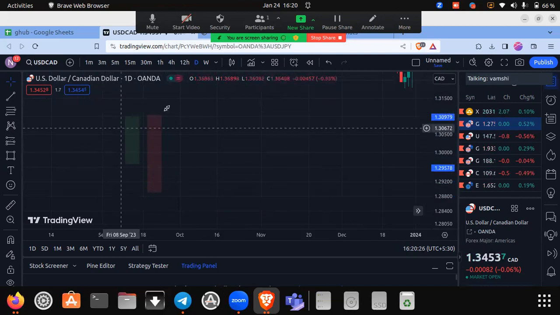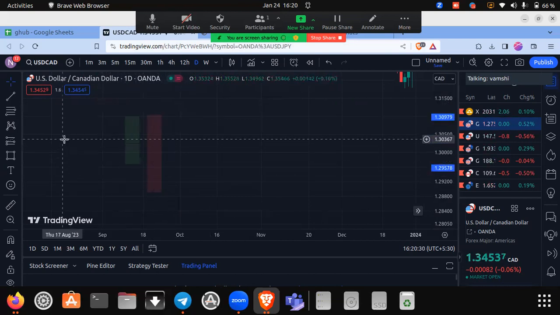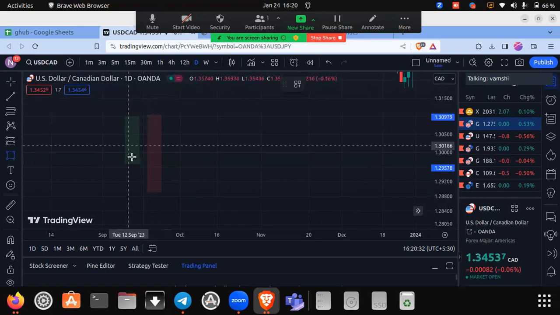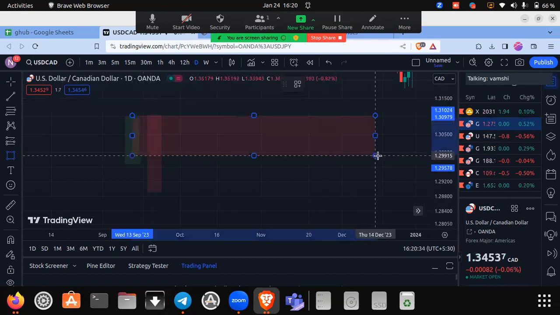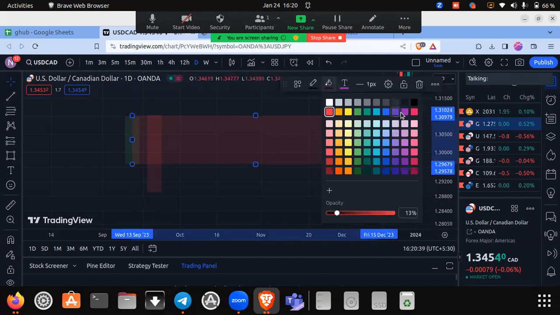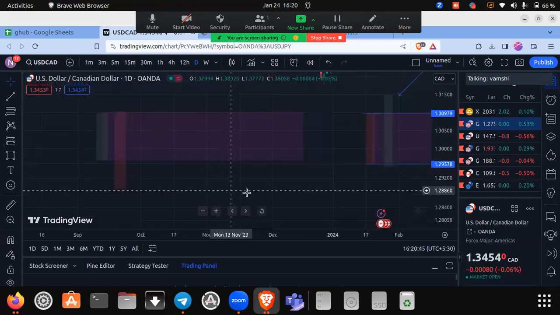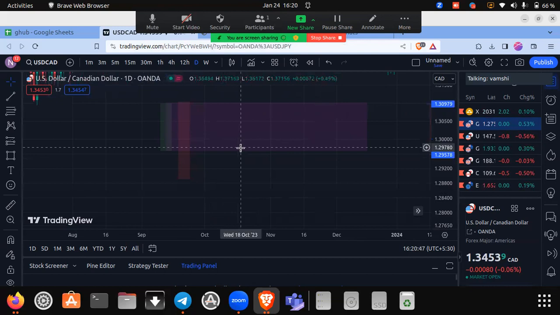Now this pattern has become an engulfing sell candlestick pattern. And what did I say? If you put a rectangle over this candlestick pattern, something like this, now this has become an engulfing sell zone. What do we do in an engulfing sell zone? We will search for selling opportunities. We will sell in this zone.